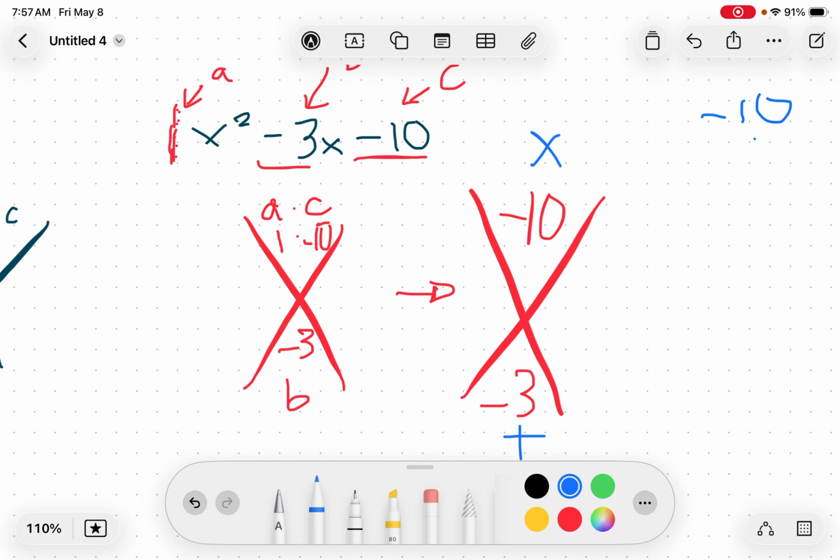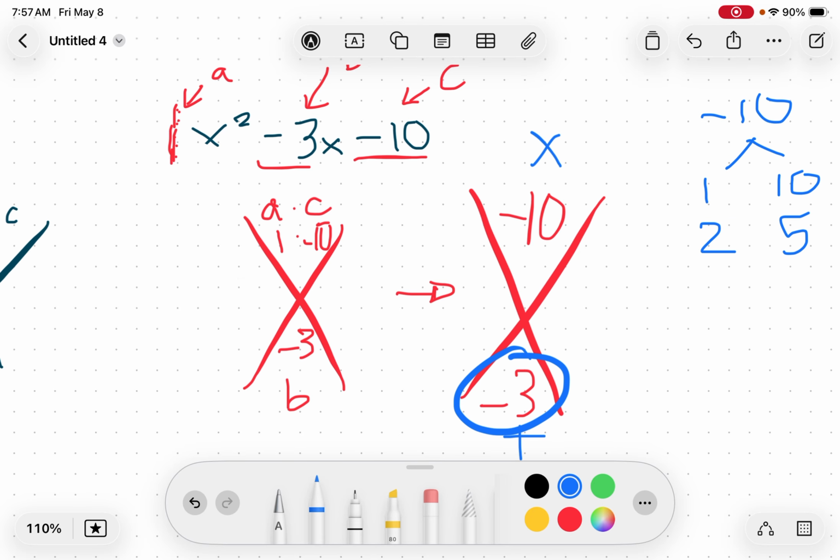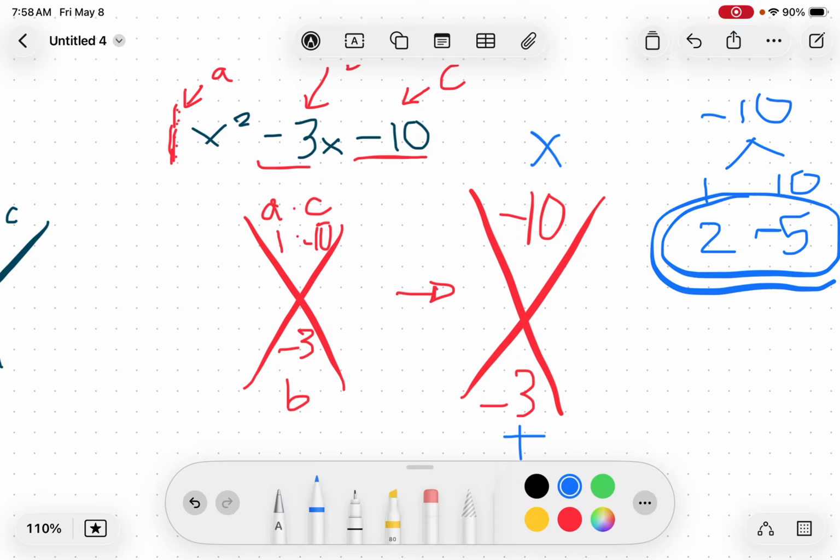Okay, so if I'm looking at this, I'm going to start thinking of what creates 10. Okay, so I know that 1 and 10 create 10. I know that 2 and 5 create 10, and that's all that I can think of. And so can I take one of these pairs and add it together to create 3? Well, if we were to take -2 and add 5, that would give us +3. So I need -5, and then this adds to give me 3.